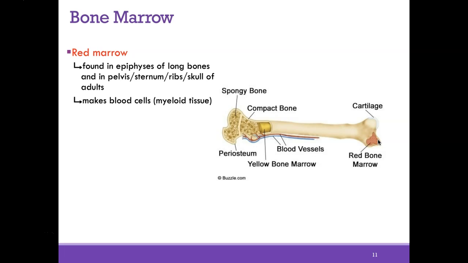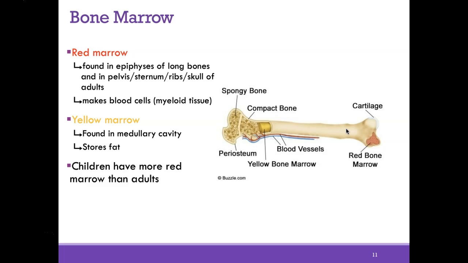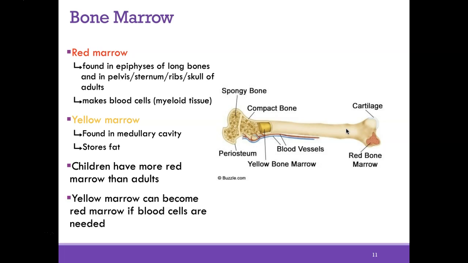Red bone marrow can make blood cells, right? So it makes our blood cells, which include all the cells of our immune system. The yellow marrow is found in the medullary cavity, and that functions to store fat. So it's a very different function from the red bone marrow. Children have more red bone marrow than adults do, because as we age, our red bone marrow gets converted into more yellow marrow.